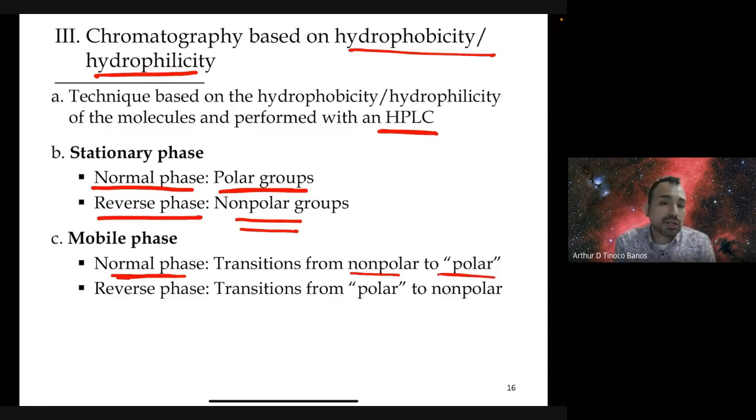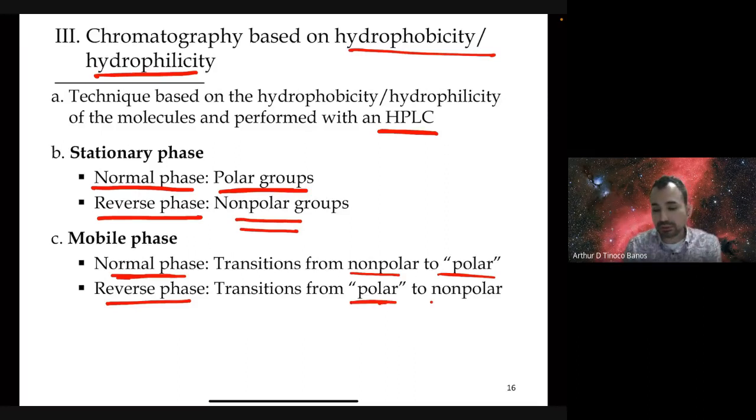Because the non-polar components will just wash through anything that does not have an affinity for the polar groups of your stationary phase. But then you increase the polarity, and as you increase the polarity, you elute in order of affinity to the polar groups of the stationary phase.